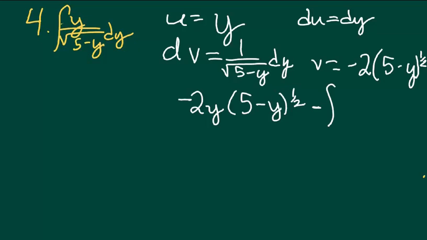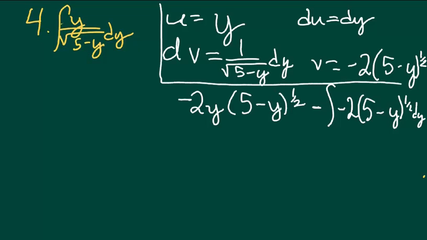Minus the integral of negative 2 times 5 minus y to the 1/2 dy. I'm just going to section this off here. And we integrate the expression inside this integral here now, which is going to be easy enough.